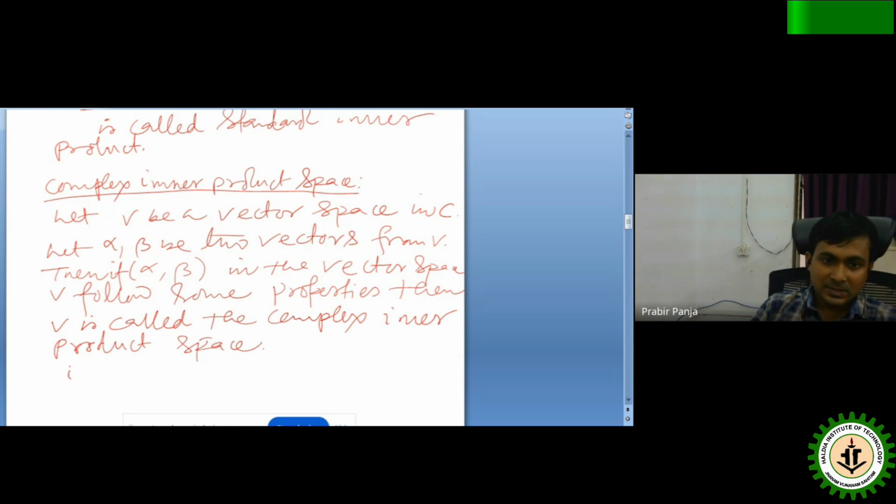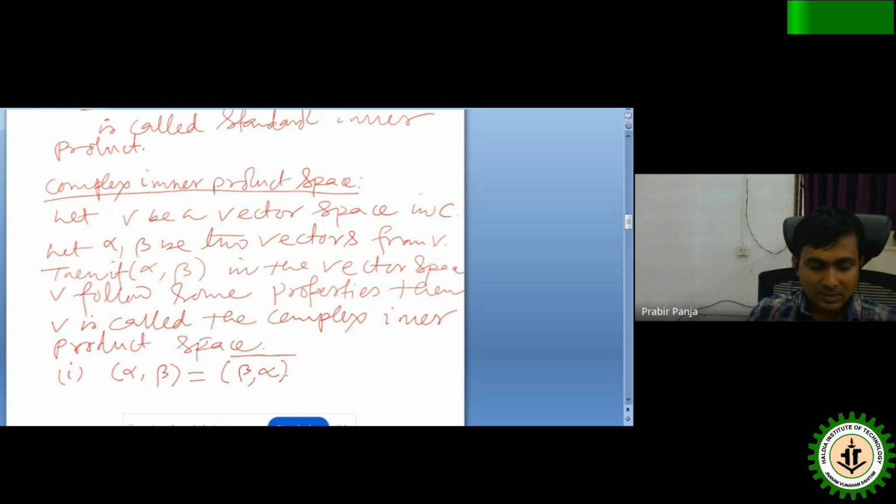Now the first condition is that the inner product between alpha comma beta must be equal to the inner product of beta alpha conjugate.